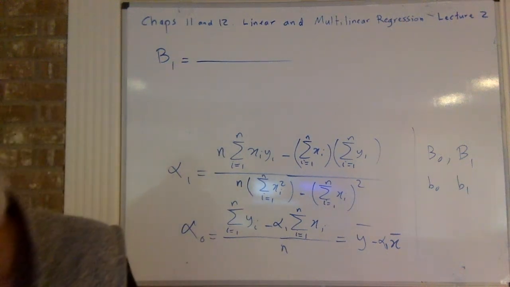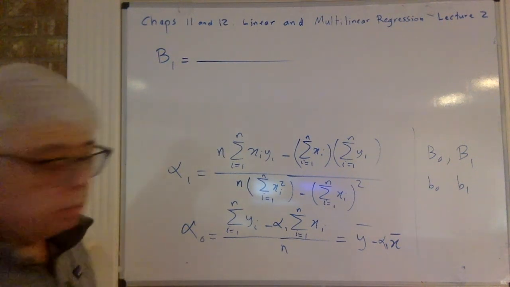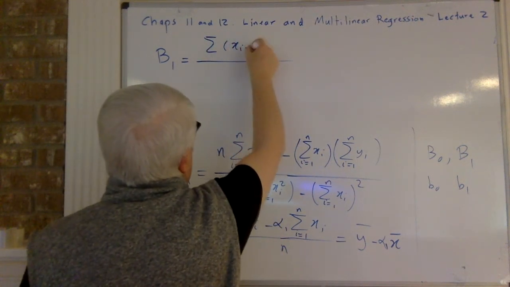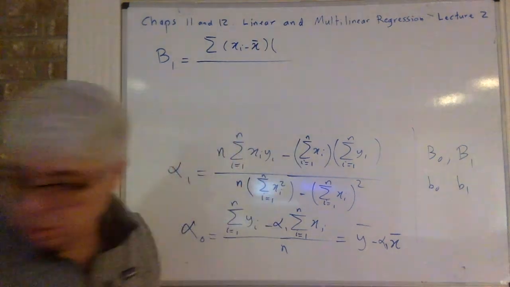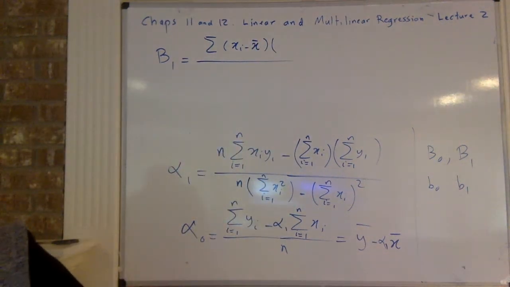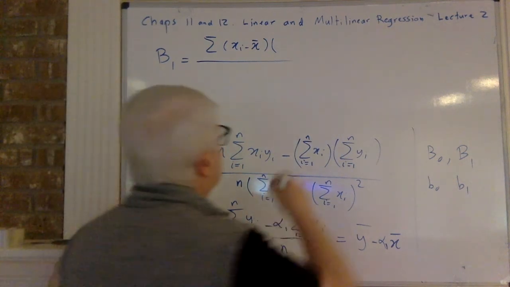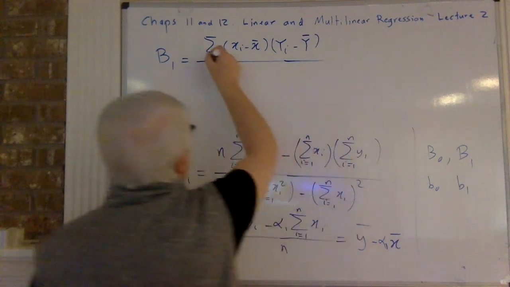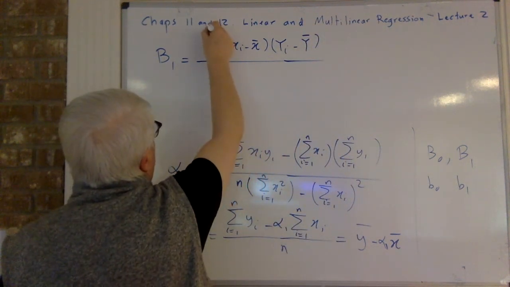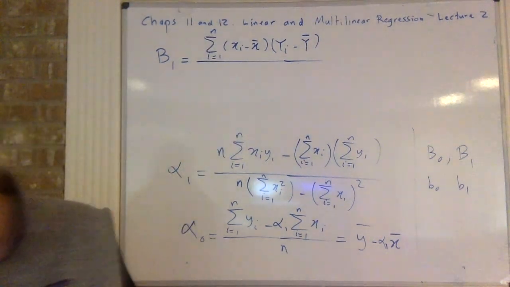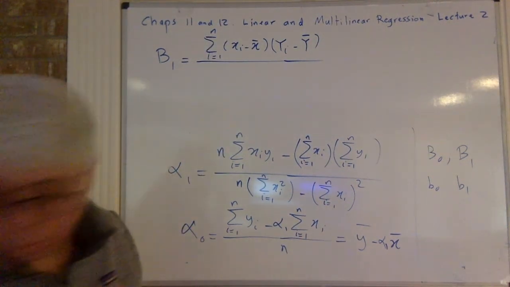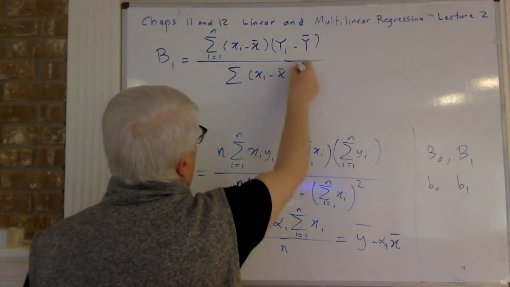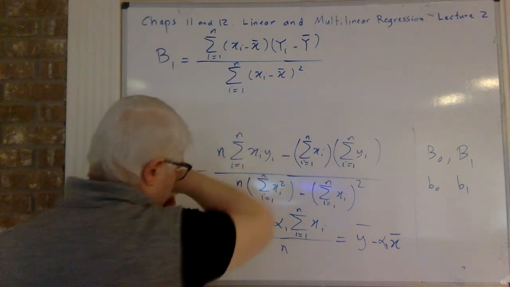Let me copy from the book: sigma xi minus x bar times yi minus y bar, divided by sigma xi minus x bar squared.